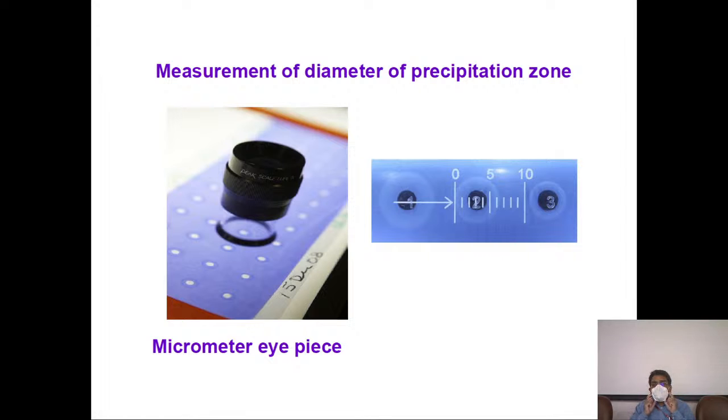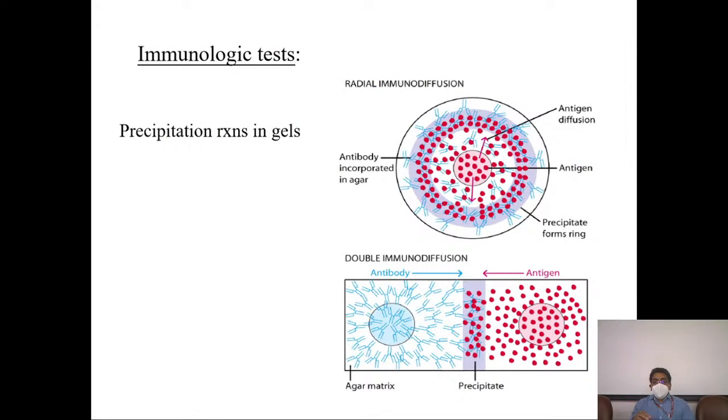The measurement of this ring can be done by a micrometer. It's not subjective, it has to be objective, so we can measure the different sizes of the rings through this micrometer eyepiece. Now, radial immunodiffusion and double immunodiffusion: in radial immunodiffusion, the antibody is incorporated into the gel while only antigen is moving out.